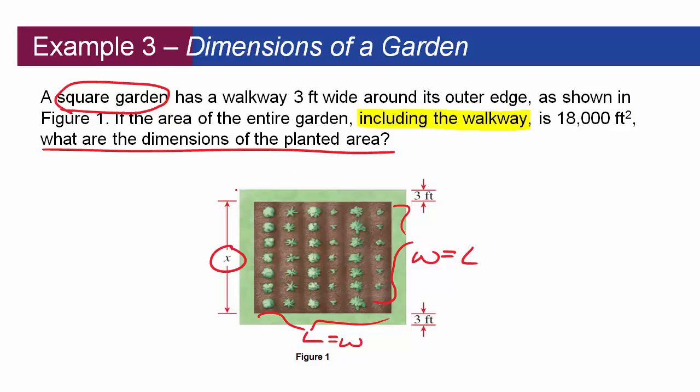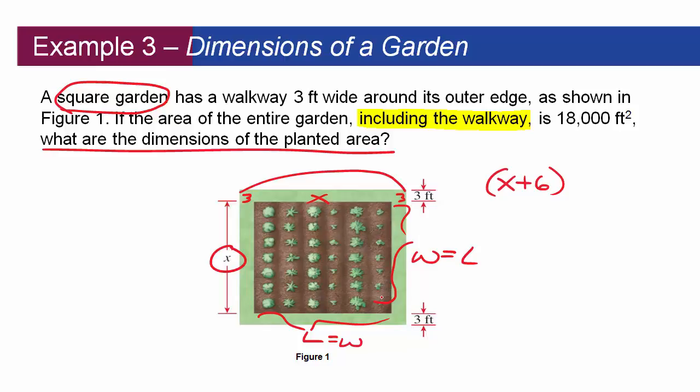So doesn't that mean that if I take this whole length here and square it, it's going to be 18,000, right? Because remember, it's a square. So this distance up here is x, and then you've got 3 feet here and 3 feet here. So isn't that total length going to be x plus 6?